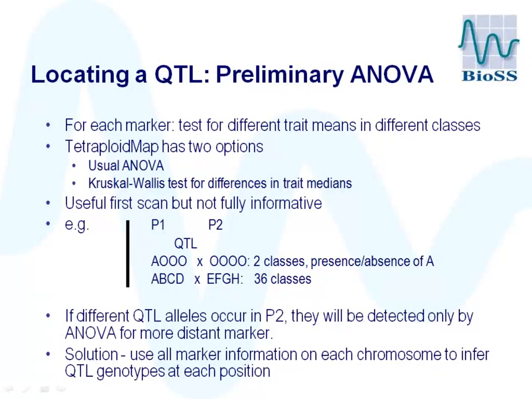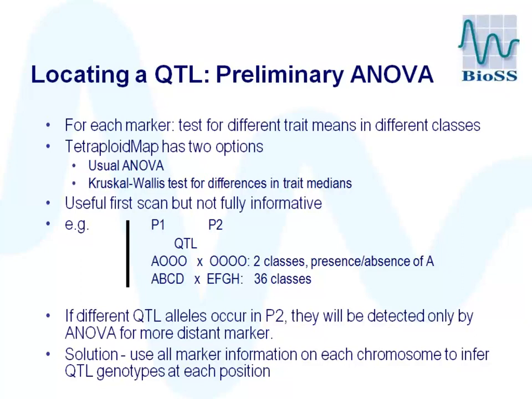If your QTL is actually only segregating in parent 2, then this marker, although it's closer, won't give you any information about the QTL. So you'll only get information in terms of the more distant marker that is segregating in the same parent.